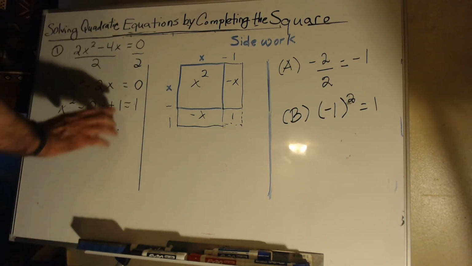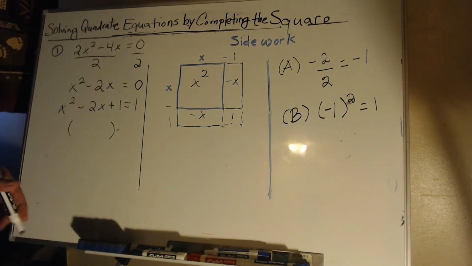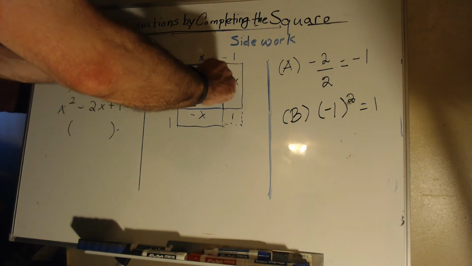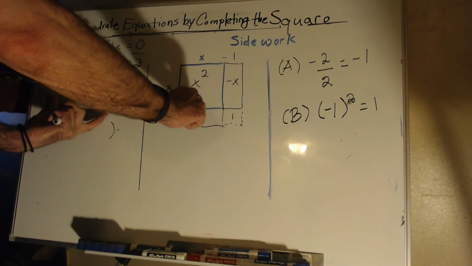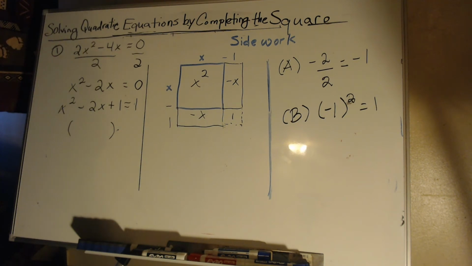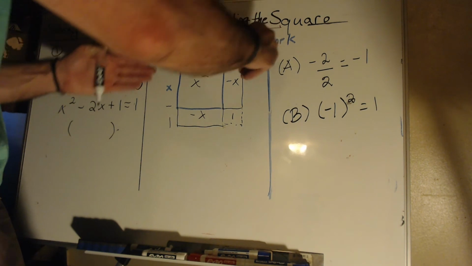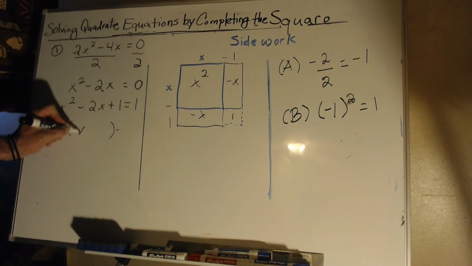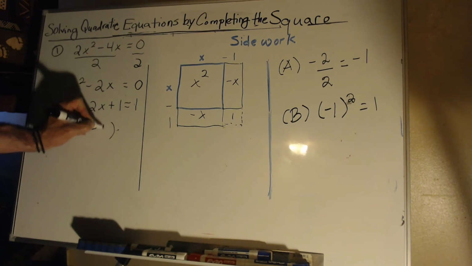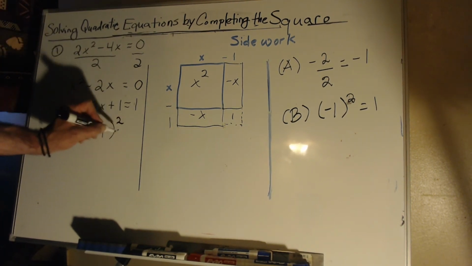What we have on the left hand side is a perfect square trinomial. Remember that inside, if we add up those four areas, we have that total of x squared minus 2x plus 1, but also overall we've got a square that is x minus 1 by x minus 1. So its area could also be written as the quantity x minus 1 squared.